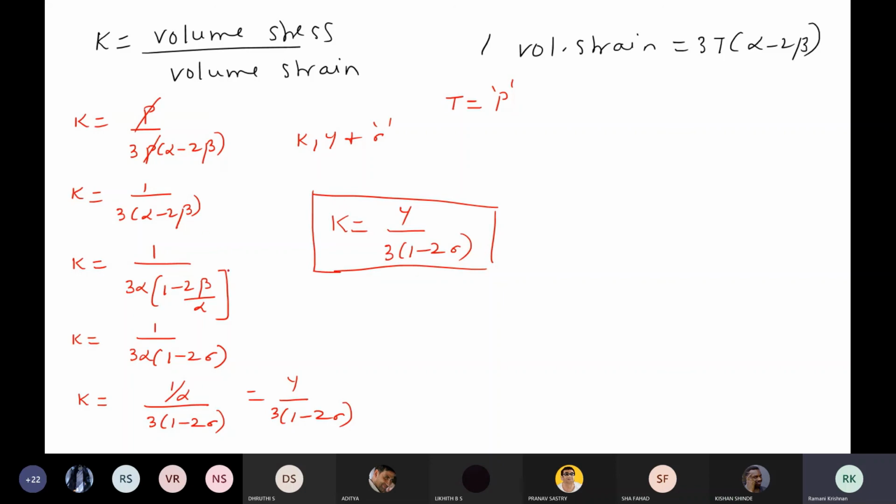This technique yesterday also we did. We took alpha outside so that I'll get beta by alpha, and since Poisson's ratio sigma is equal to beta by alpha, I want this relation. So this much. Do you understand? Students, this topic is for 6 marks: relation between bulk modulus, Young's modulus and Poisson's ratio.